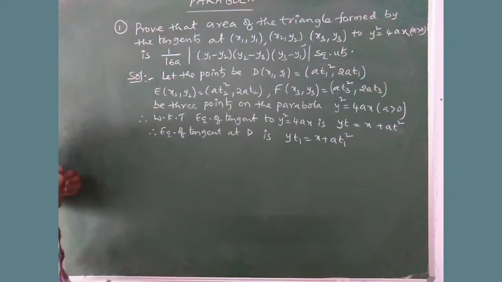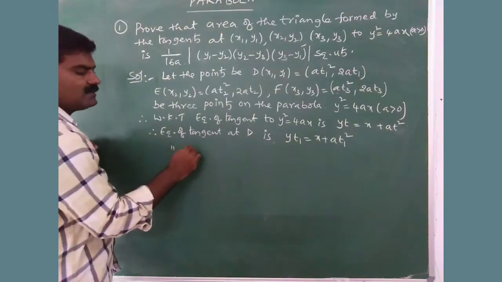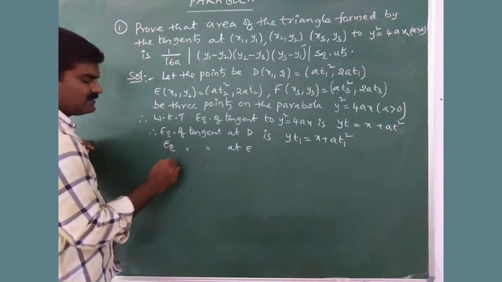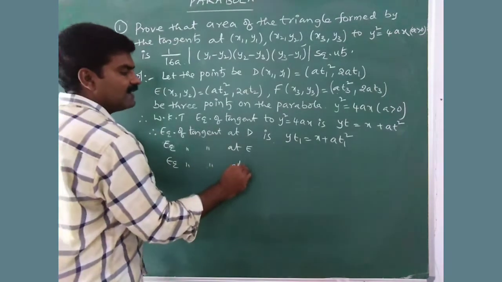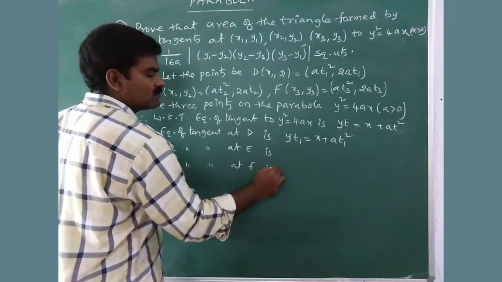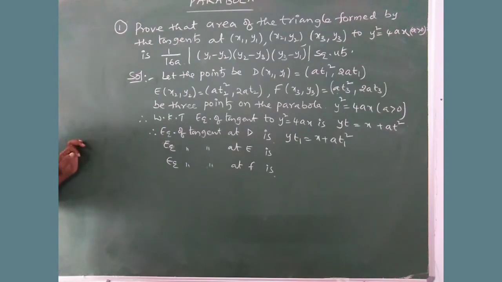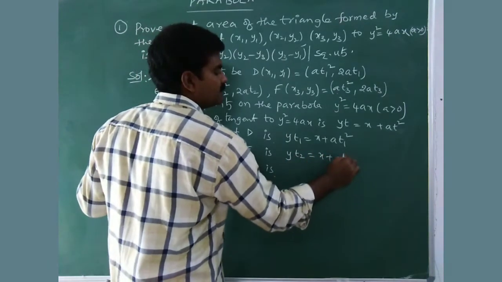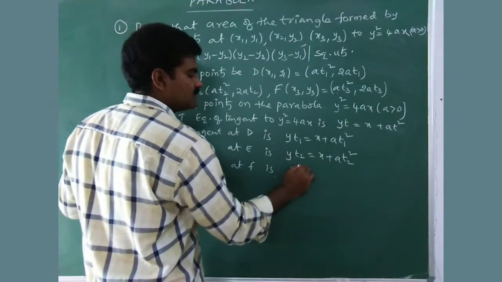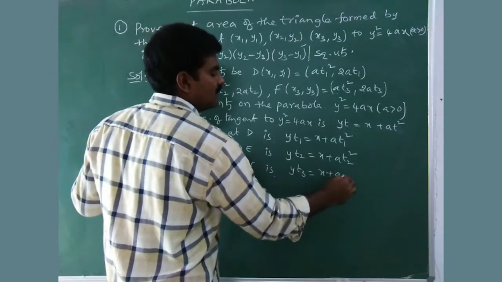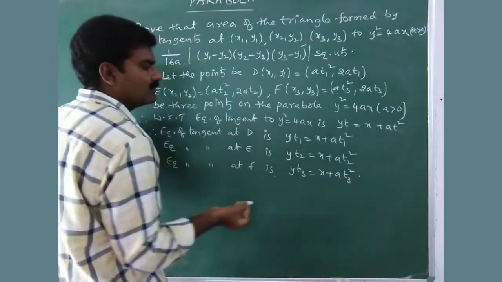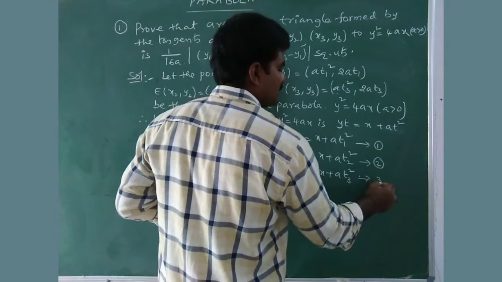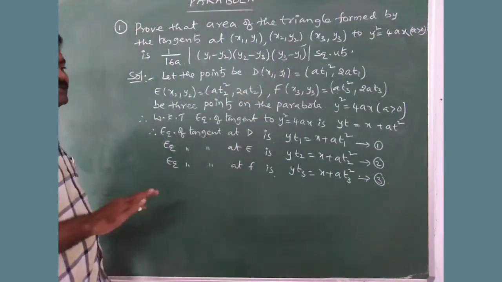Not only at D, the equation of tangent at E and at F is also required. So in the same manner at E and at F, it is yt2 is equal to x plus at2 square and yt3 is equal to x plus at3 square. Better, you can consider these three as equation 1, equation 2 and equation 3.